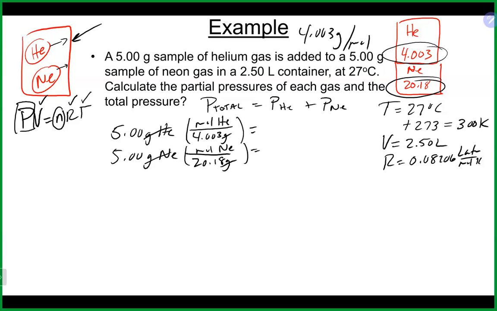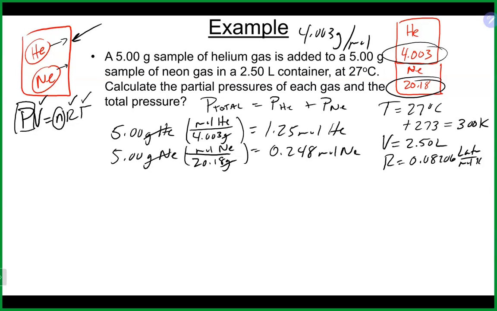Looks like 1.25 moles for helium and 0.248 moles for our neon. Any questions on those calculations?